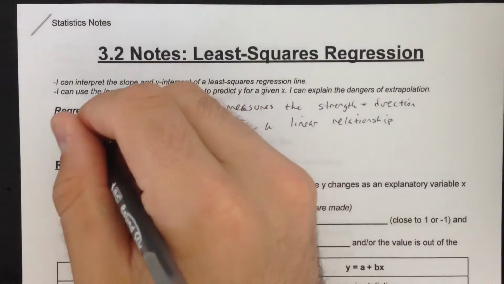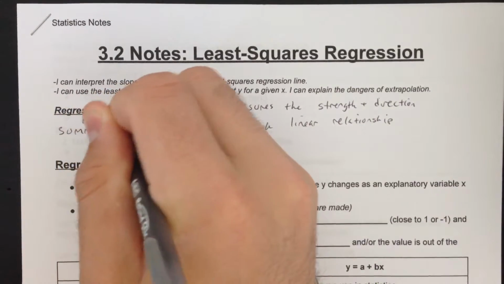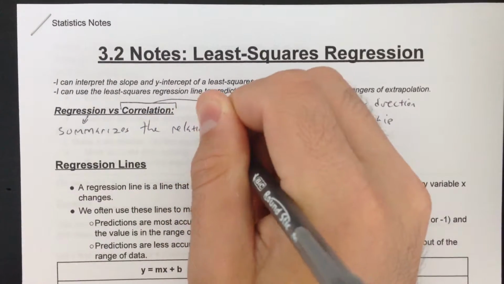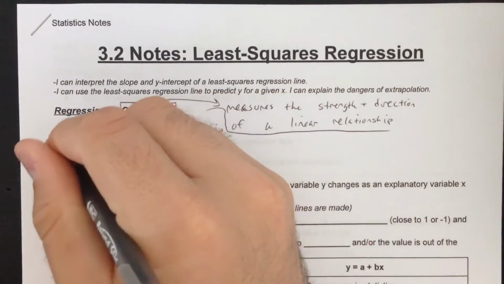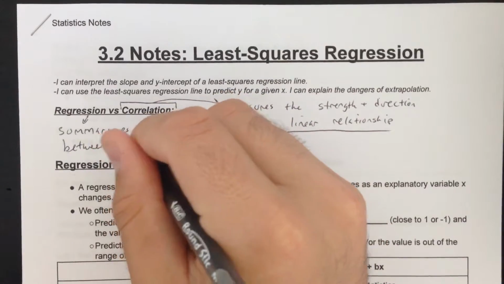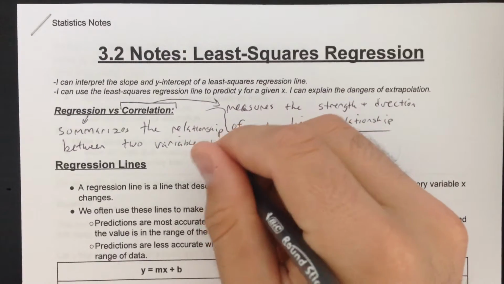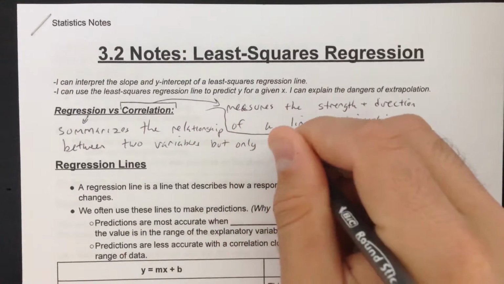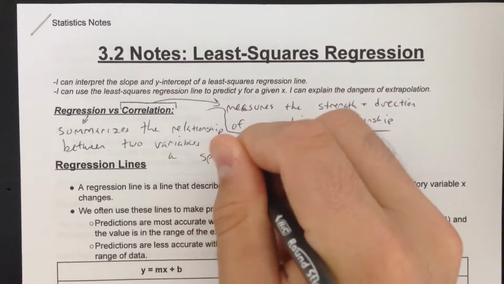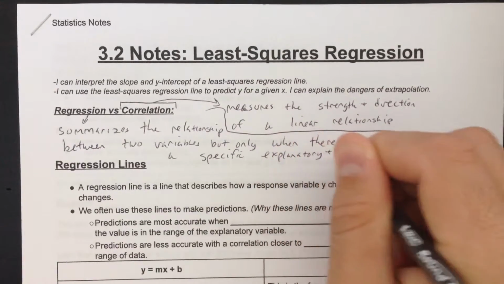Regression, though, is a little bit different, more specific. Regression summarizes the relationship between two variables, but only when there's a specific explanatory and response variable.